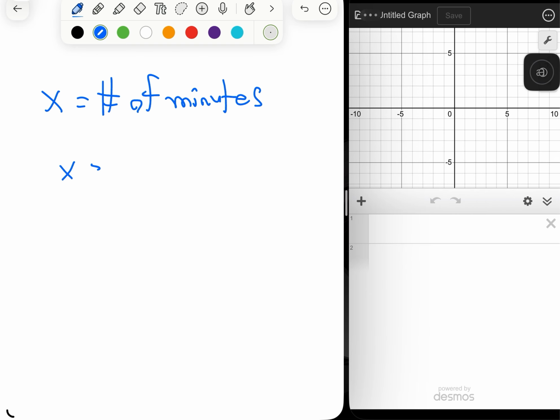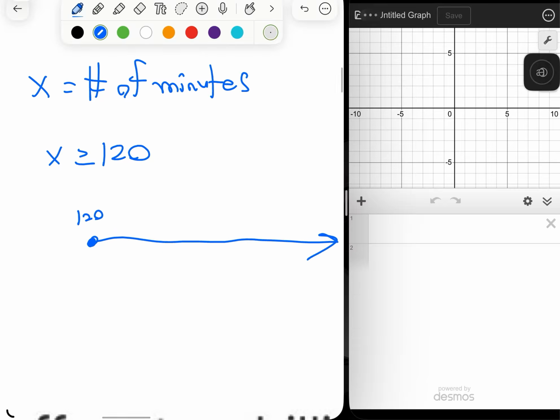If I wrote x is greater than or equal to 120, that would represent the number of minutes starting at 120 and beyond, because the minimum that x can be here is 120. Think of this as a timeline, and you're going beyond, like in the future.